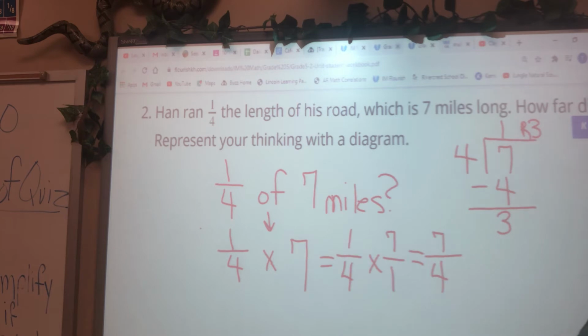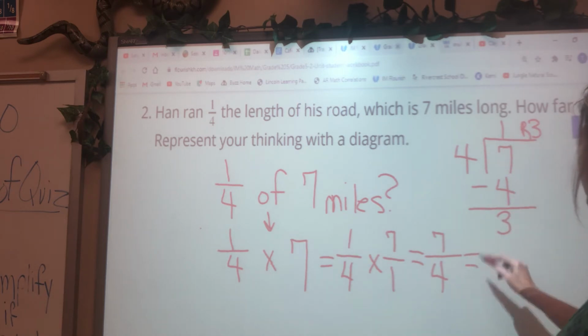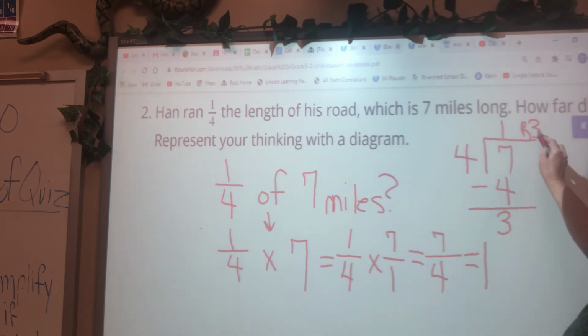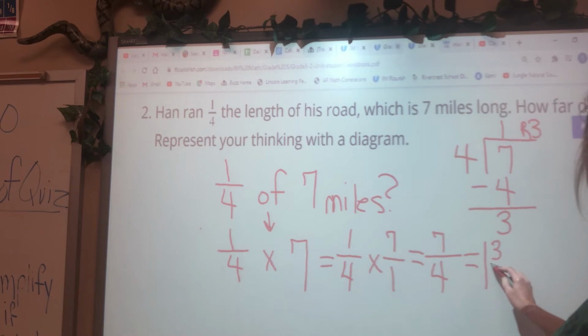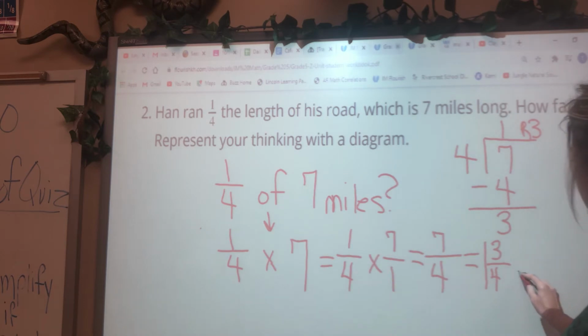Remember, the number on top always gives us our whole number part, so we have 1 and 3, because our remainder was 3, and we were dealing in fourths. So if Han ran 1/4 the length of his 7-mile road, he ran 1 3/4 miles. And I'll give you guys a minute to get that copied down so that you can look back at it if you need to.